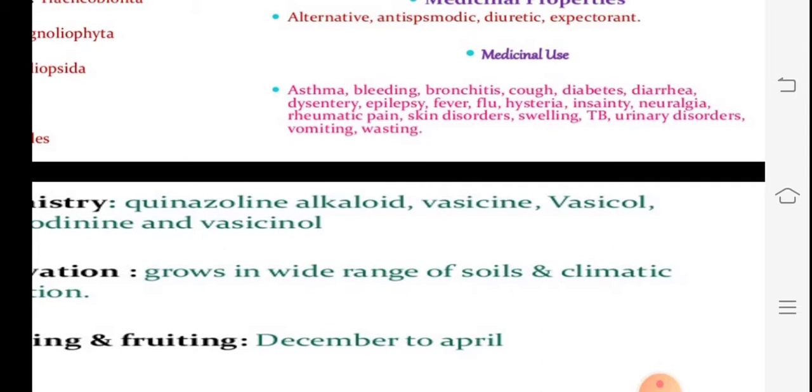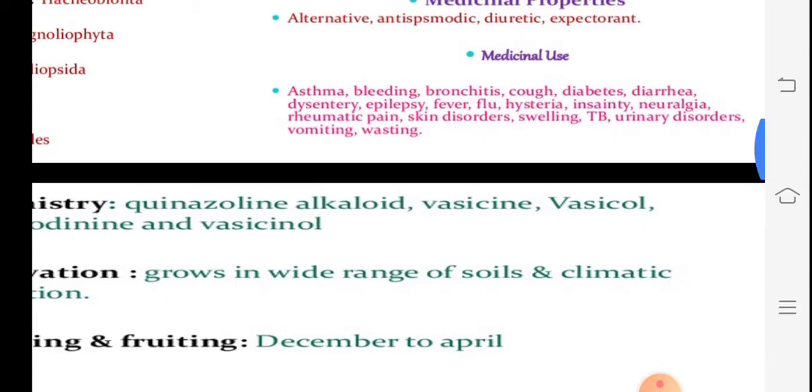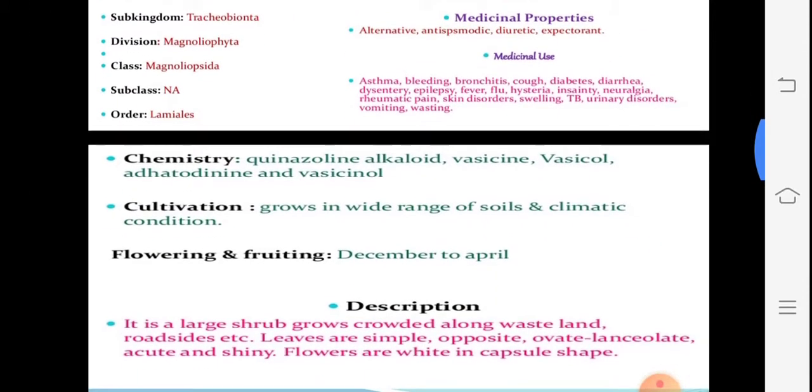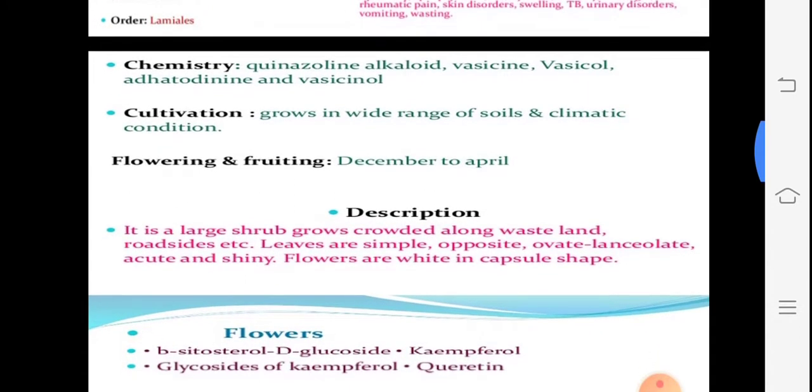Then rheumatic pain, that is, pain in the joints of hands and legs. Then skin disorders, swelling, TB, that is tuberculosis, increase of white blood cells. Then urinary disorders, vomiting, etc. So just remember any one or two of these medicinal terms.